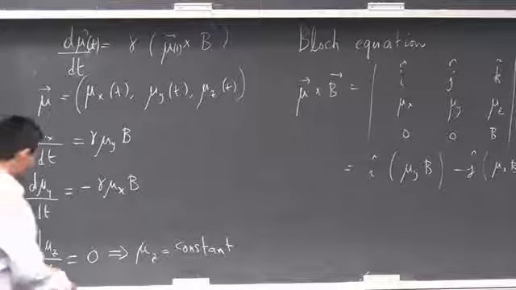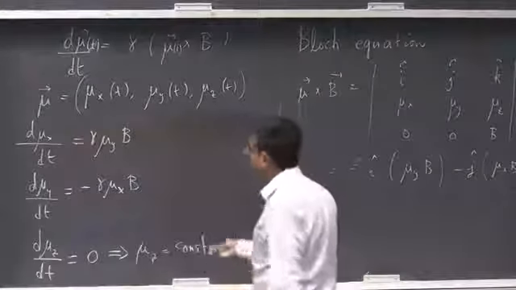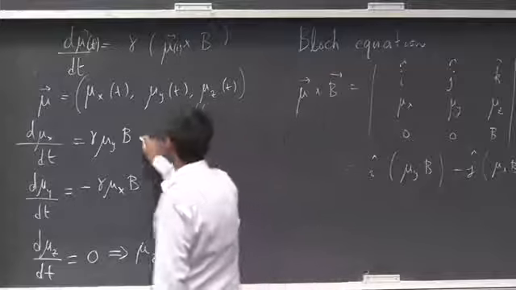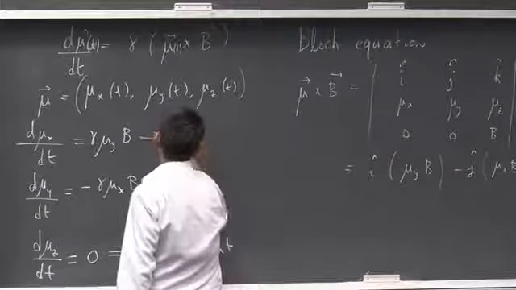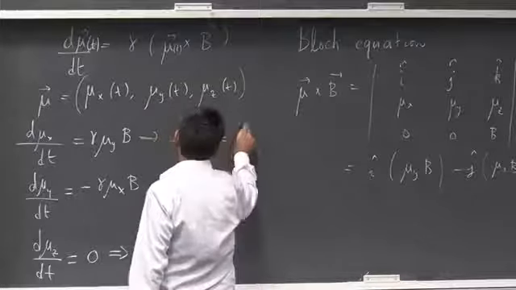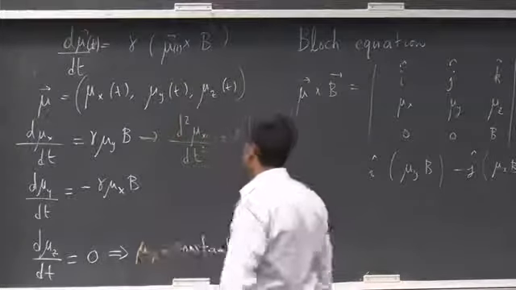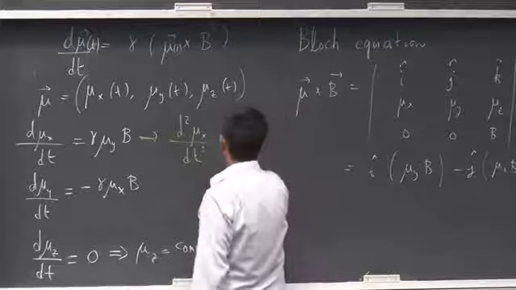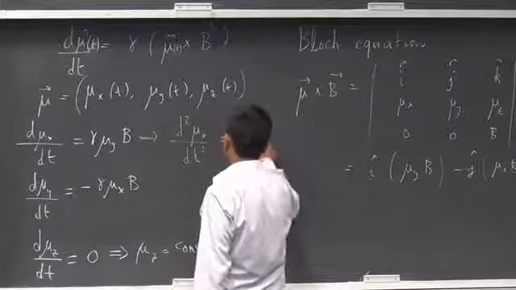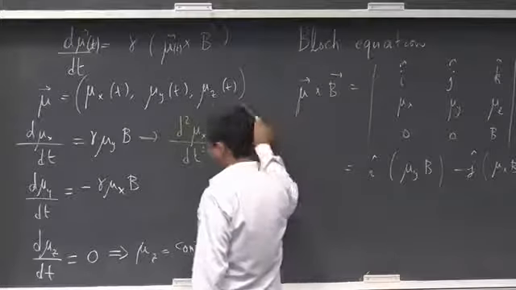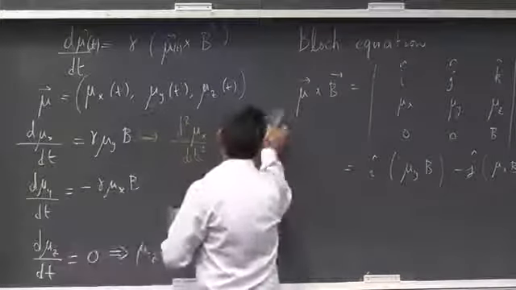Now, if I look at the first, I can solve this. This is just a simple exercise. You can solve this equation. For example, you can take the double derivative, d square mu x over dt square, is gamma B d mu y over dt, but d mu y over dt is minus gamma mu x B. Okay, let's do this properly.